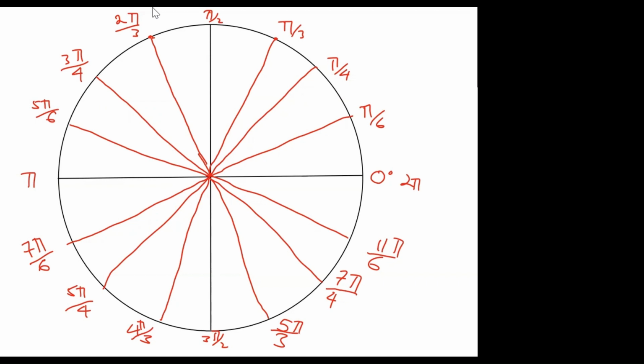Let's find the exact values of the angles. This one here is 1, 0: the cosine is 1 and the sine is 0. With this one, let's get the coordinates first. They all have a denominator of 2.